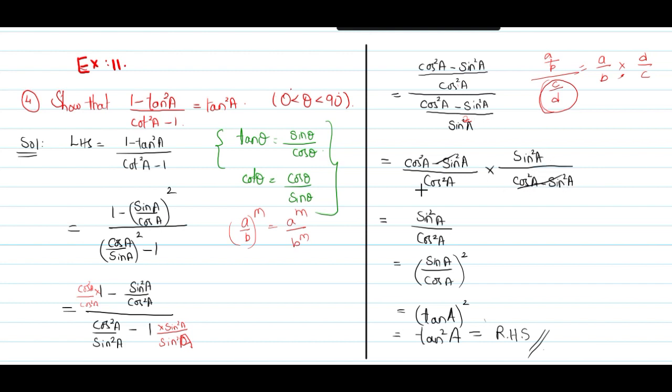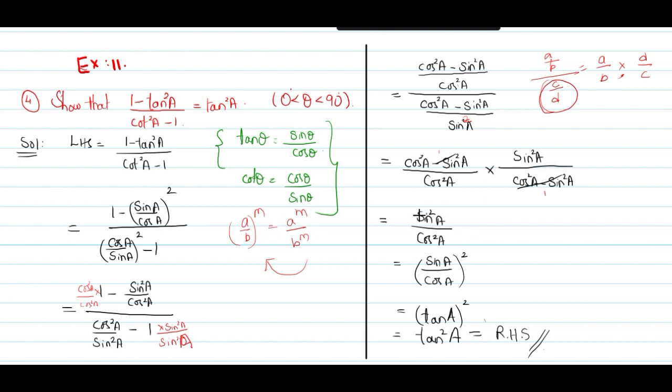This and this will get cancelled, so we are left with 1 into sin square a, which is sin square a, by 1 into cos square a, which is cos square a. As we can write (a by b) whole to the power of m as a to the power of m by b to the power of m, similarly we can write a to the power of m by b to the power of m as (a by b) whole to the power of m.